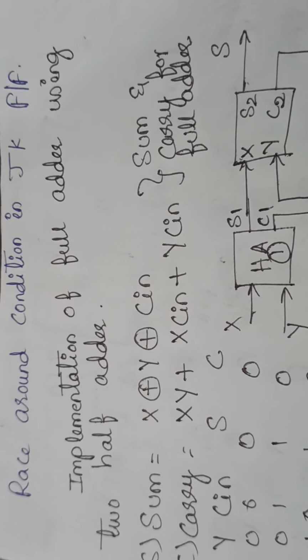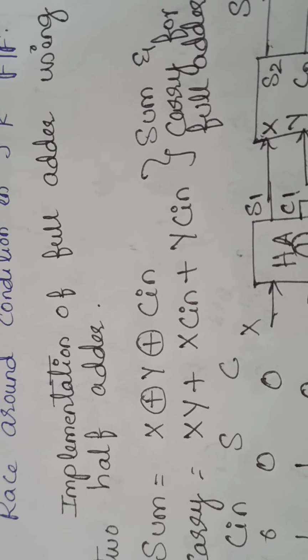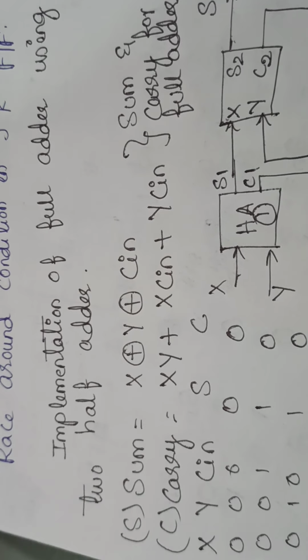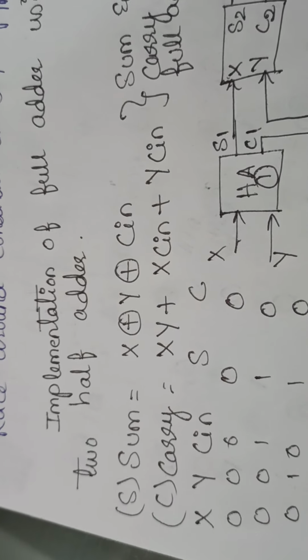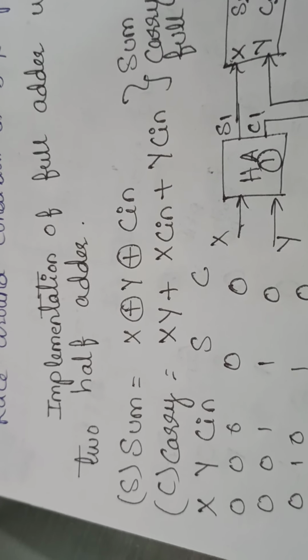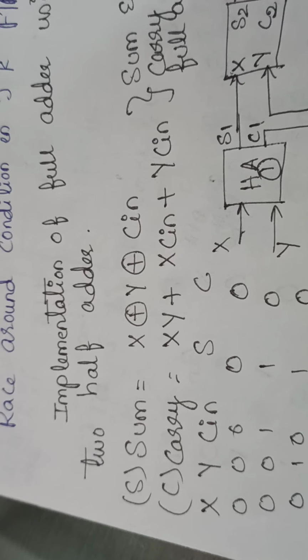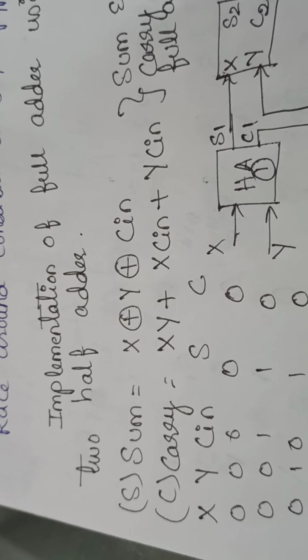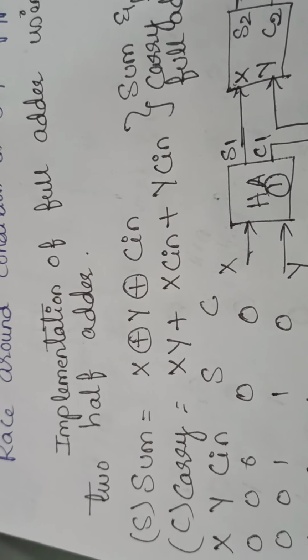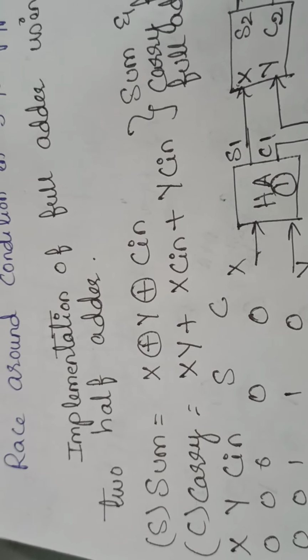Now first we understand what are the equations for the full adder, the Boolean expressions. We all know that with three inputs, sum has got x XOR y XOR c in, and carry is xy plus x c in plus y c in. So these are the two equations.